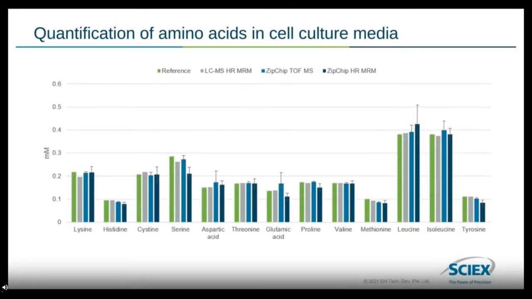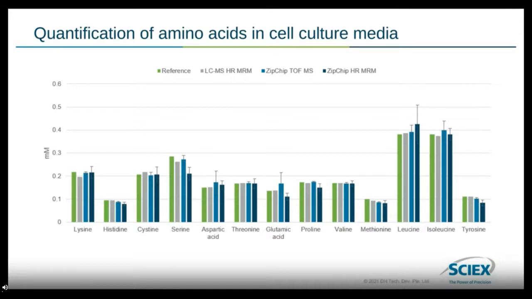And on the next slide, you can see a direct comparison. In the green bars you can see here, I just took an excerpt of the ingredients we monitored. The green bars on the left of each amino acid are the actual values. So we used a commercially available cell culture medium here. And in gray, you can see the gold standard. This is LCMS quantitation.